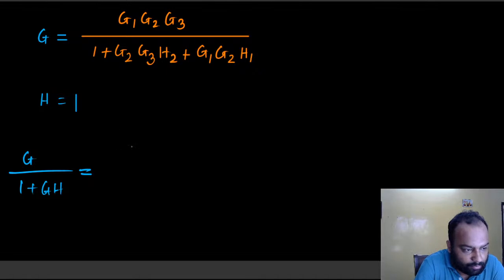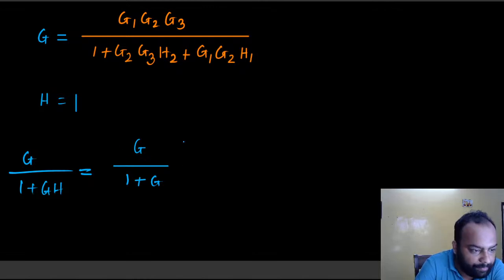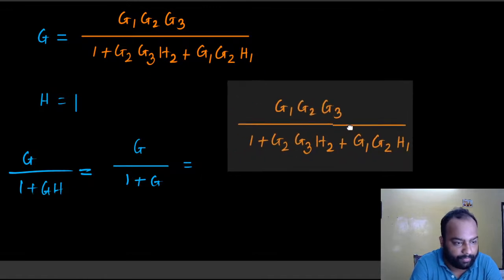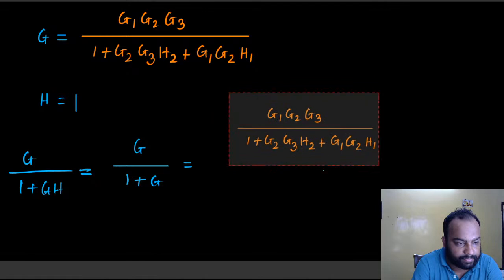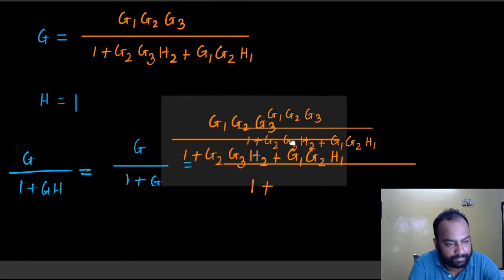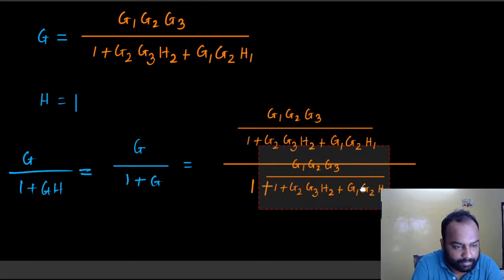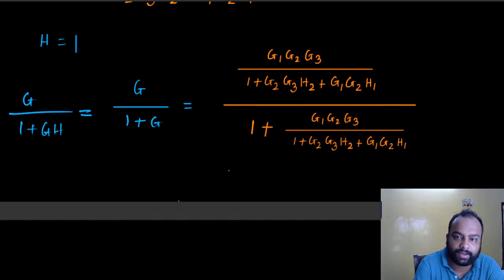So G by 1 plus G, because H is equal to 1 here in this particular example. Now G is this one, and let me reduce this a bit, divided by 1 plus this one. So now we have G by 1 plus G, right?